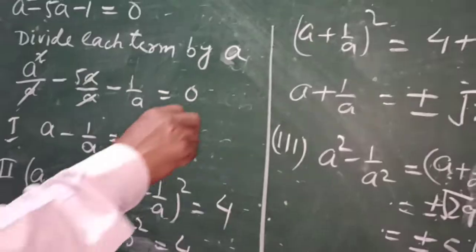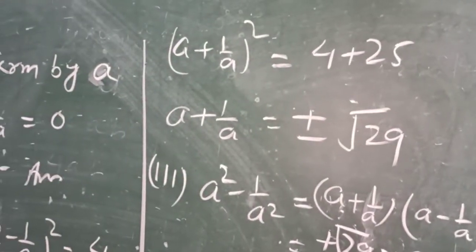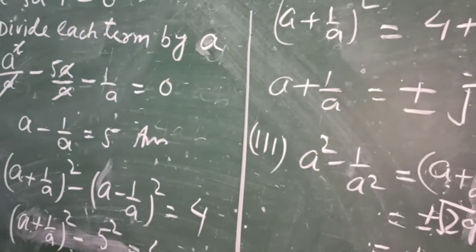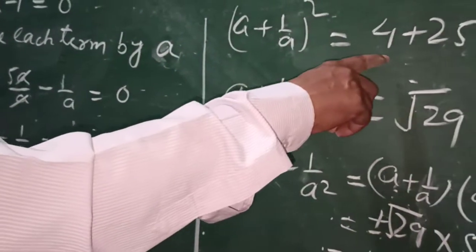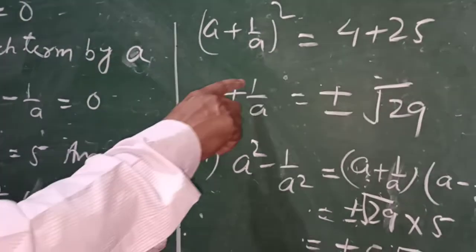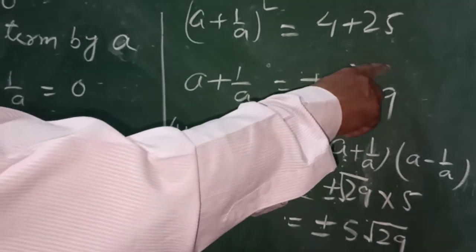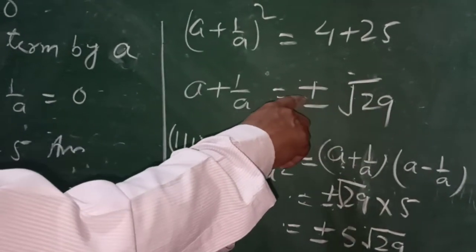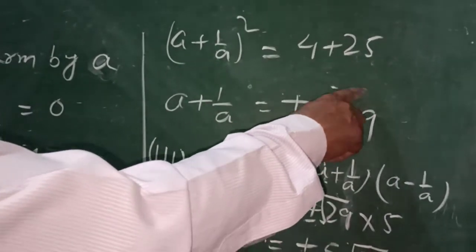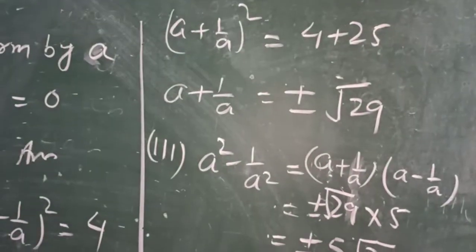Now a plus 1 by a whole square is equal to 5 square, that is 25, plus 4, which is 29. So a plus 1 by a is equal to plus minus square root 29. These are the two values of a plus 1 by a: plus square root 29 and minus square root 29.